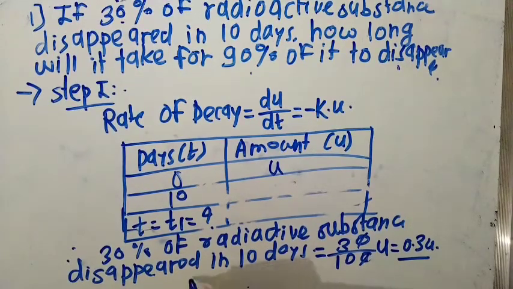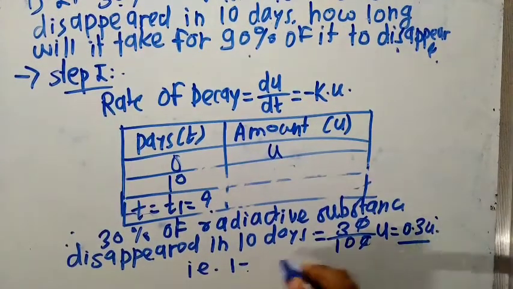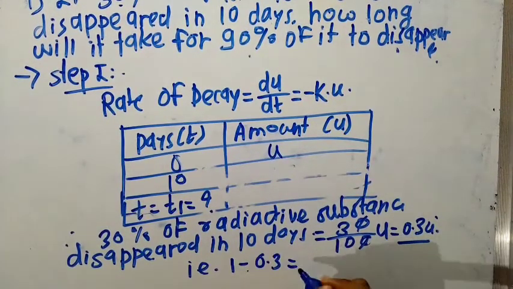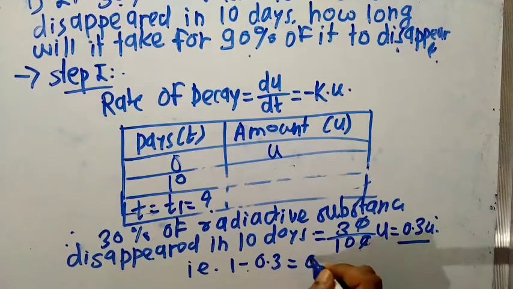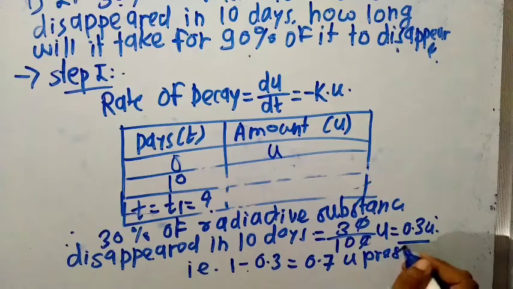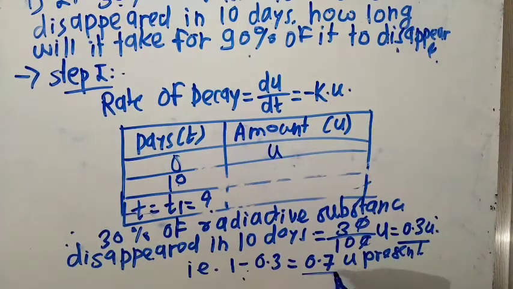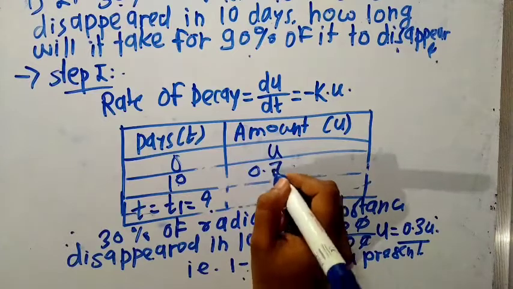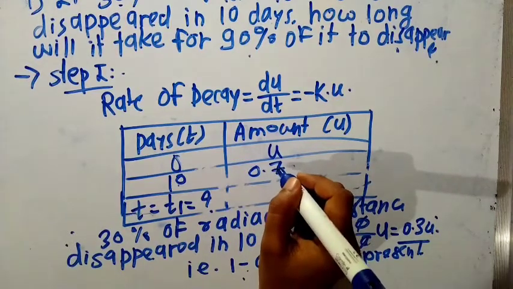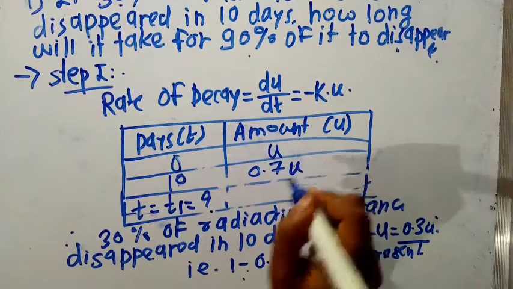Now here 1 minus 0.3 is equal to 0.7 u present, means in 10 days 0.7 u amount is present.